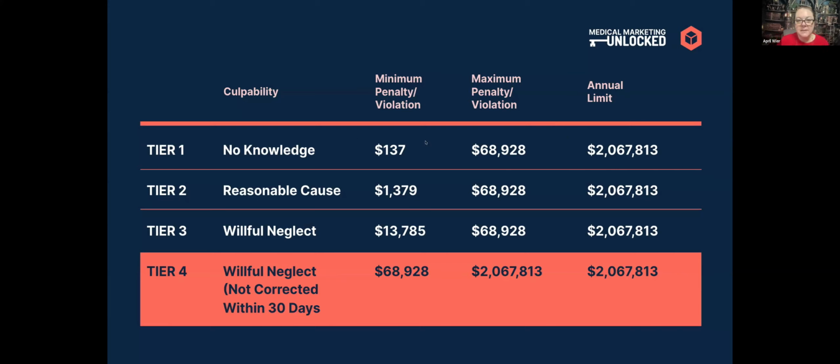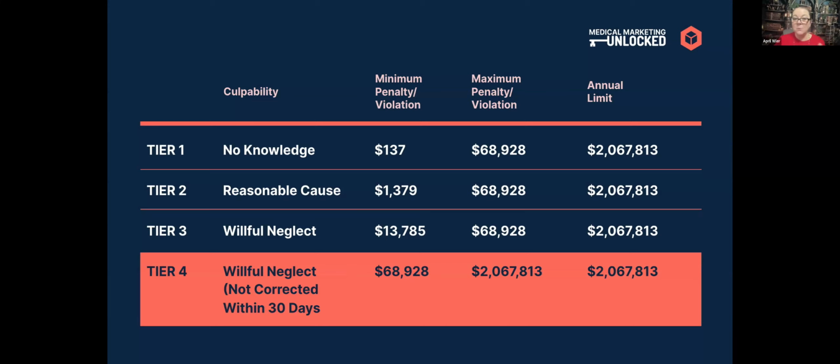And the penalties, as you can see, per violation, go up depending on your level of care. Most of what they're looking for when you're being audited or assessed for violations is how much protection did you have in place? How much did you know? And how did you work to prevent this, right?